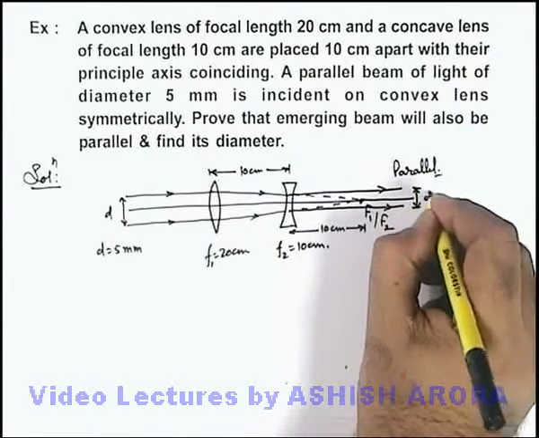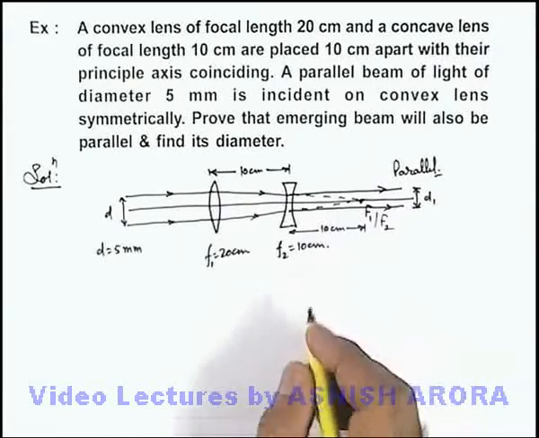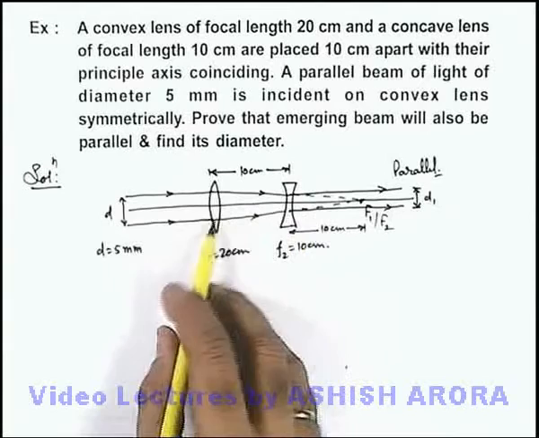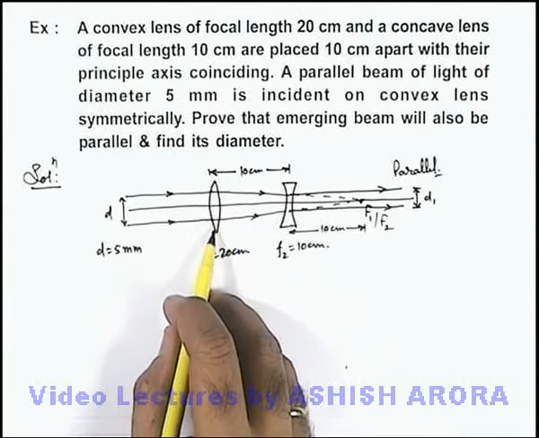Here you can see if this diameter is d1, it is reduced because the rays are converging after the convex lens.